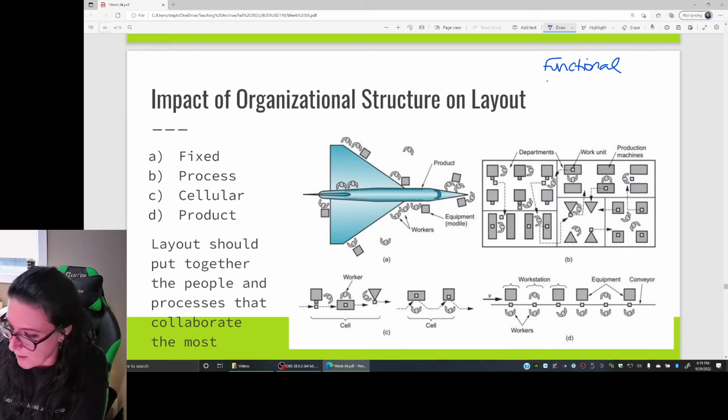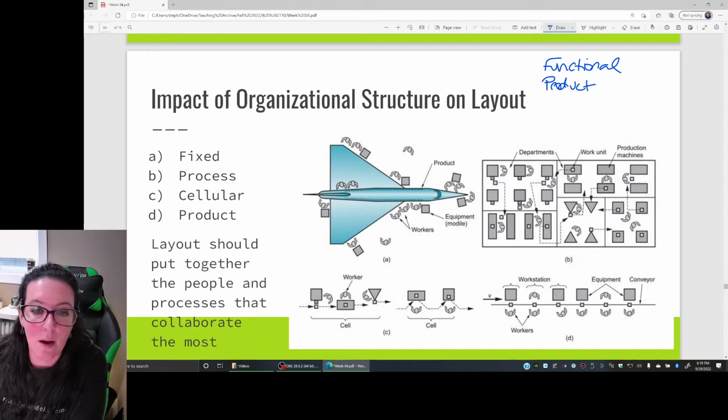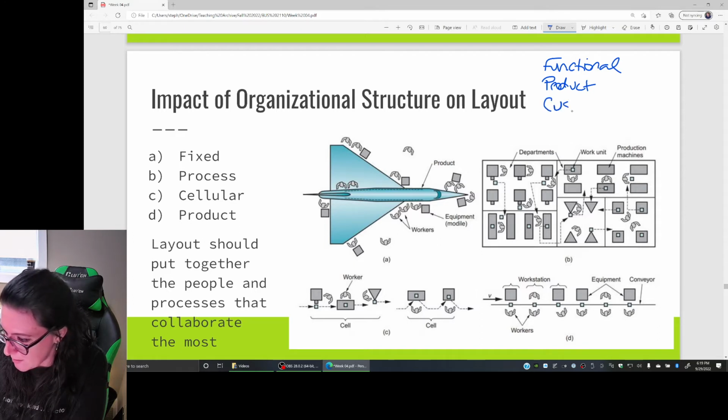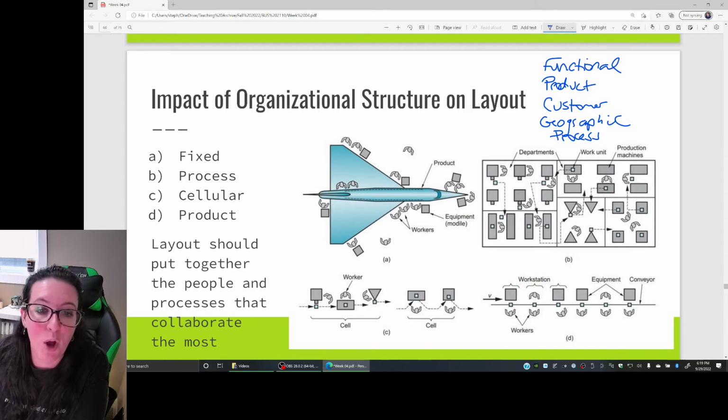We had product, in terms of grouping people in terms of the output that they create. We had customer-based departmentalization. We had geographic. And we had process, so in terms of following a similar flow for the customer or in terms of steps.